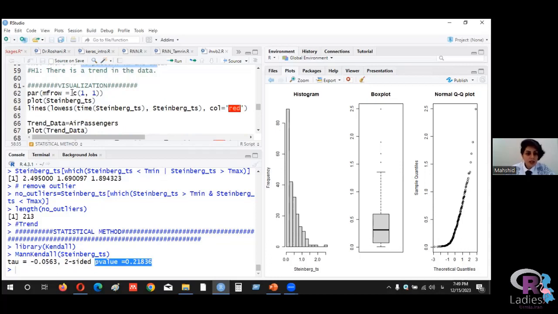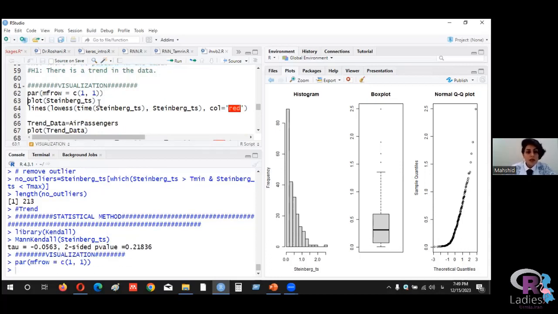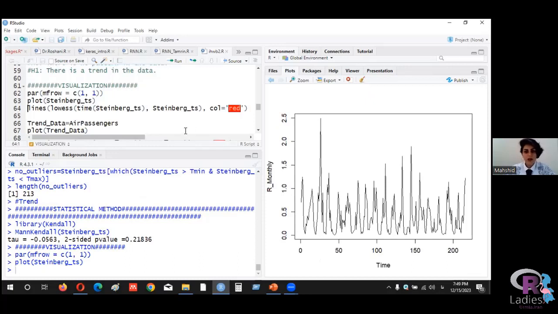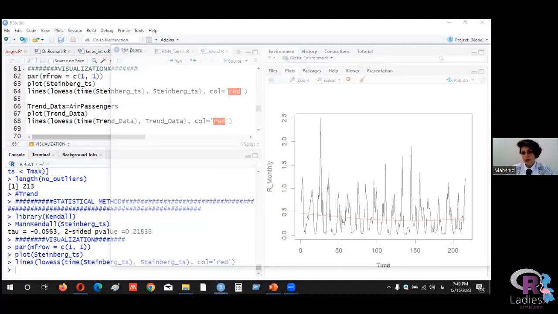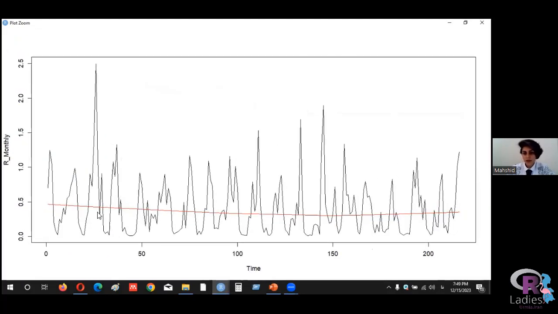And about visualization method. About the visualization method, you can easily plot the time series by using the plot function. Okay, I have a plot, and then you have to draw a line. If I draw a line and the red line shows an upward trend, I can say that, okay, there is an upward trend.